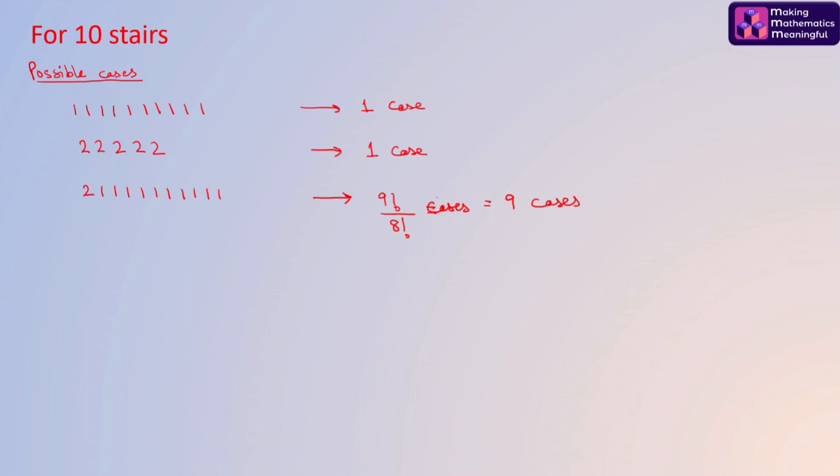Another possibility could be two 2-steps, and now since 4 steps are already covered, the rest are 6 steps, 1, 2, 3, 4, 5, 6, one step each.